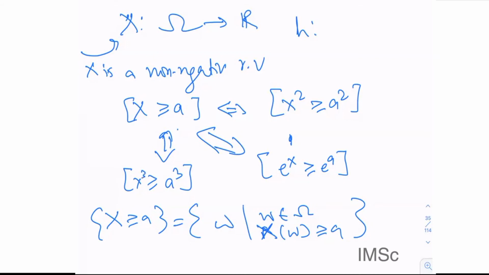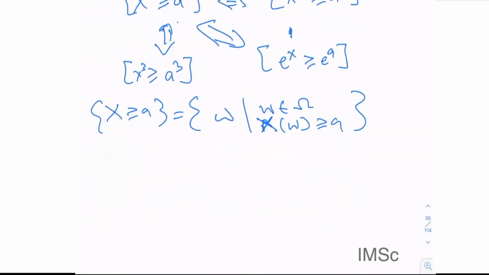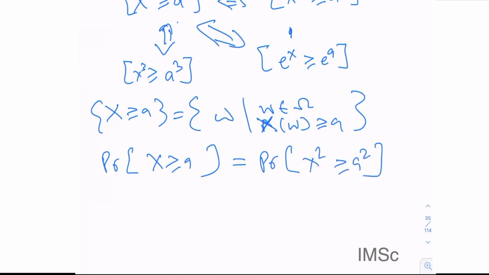Can we say something more then? What I mean to say is, can I say the probability that X is greater than or equal to a is the same as the probability that X square is greater than or equal to a square? Because if I can say this, then if I have a better bound on this, I will get a better bound on the left-hand side.